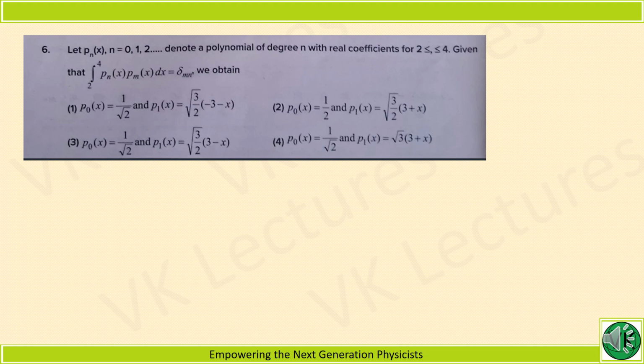Given that integral from 2 to 4 of Pn of x into Pm of x dx equal to delta mn, we obtain, the answer is option 3, P naught of x equal to 1 by root 2 and P1 of x equal to root of 3 by 2 into (3 minus x).